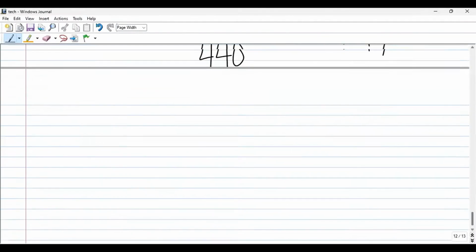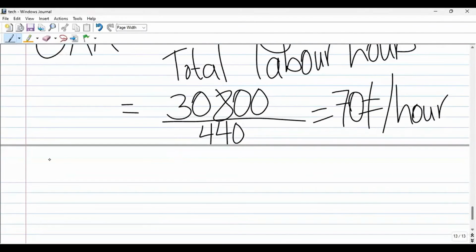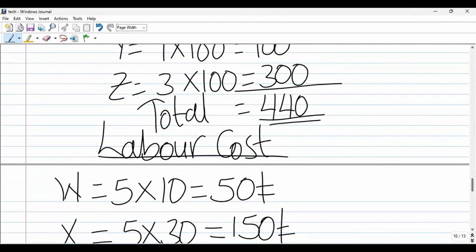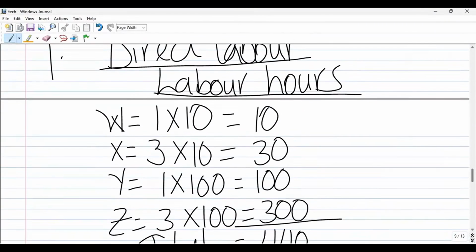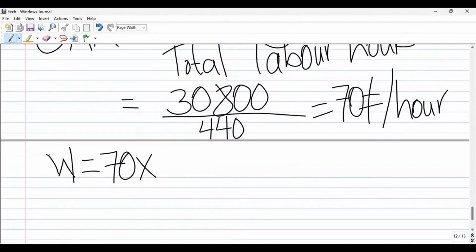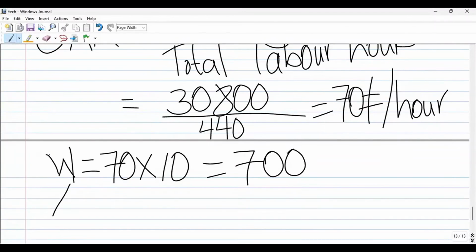So you come and allocate that cost. We come and show product W. We are using 70. That rate is going to be applicable for all the products, meaning a product with the highest number of hours is going to take the highest overheads. So product W is 70 times the number of labor hours. They are 10 for product W from working 1, so 70 times 10 gives us 700.